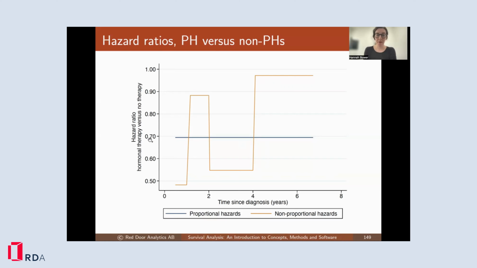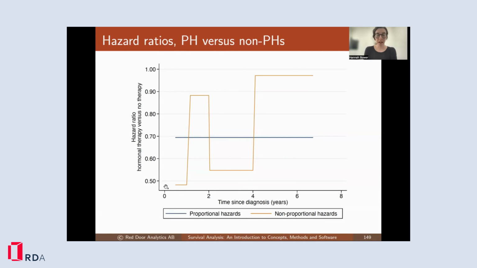We see that from the proportional hazards, we get a constant hazard ratio of around 0.7, which is consistent with what we found from our previous models, which assumed proportional hazards in the previous sections of the course.